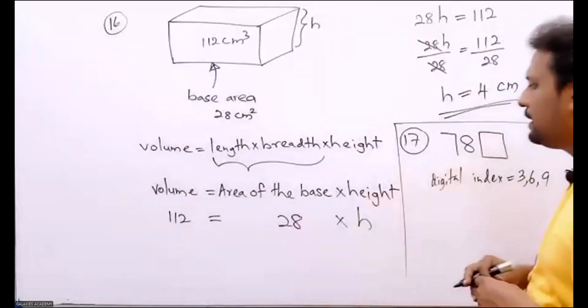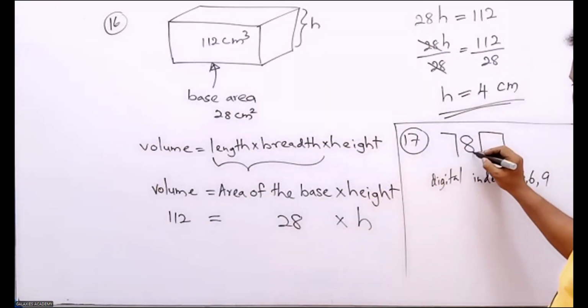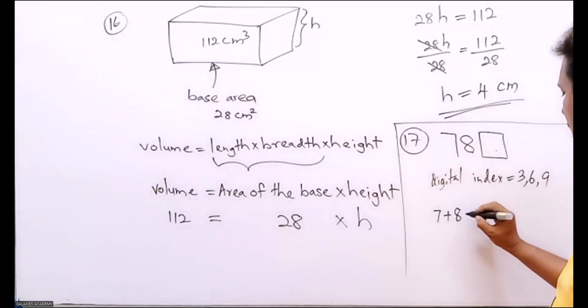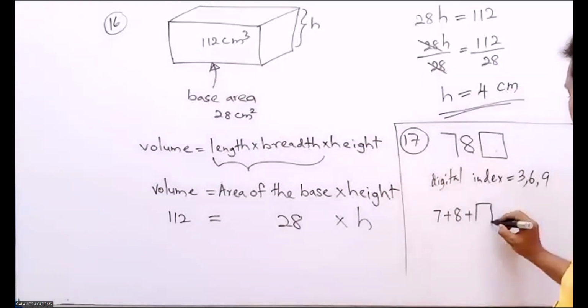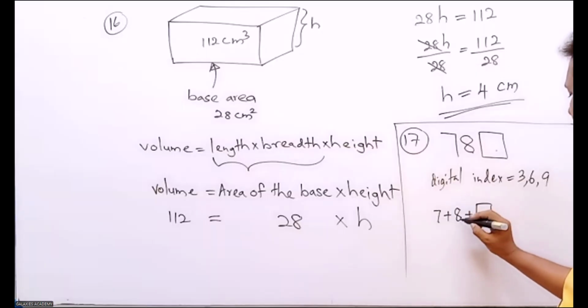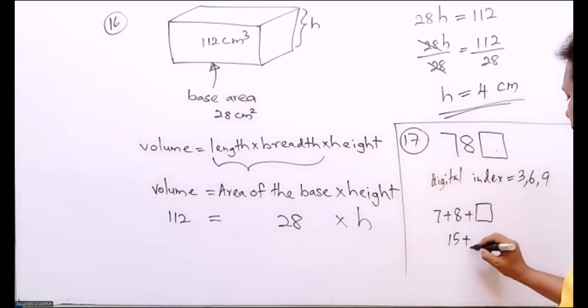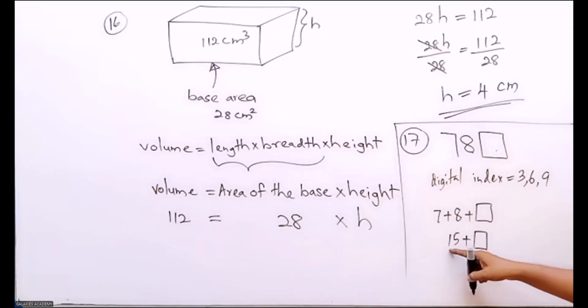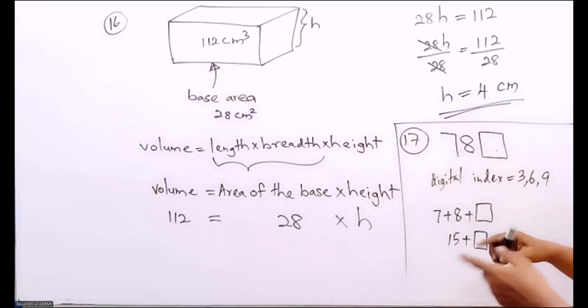So you check the digital index: 7 plus 8 plus this value. 7 plus 8 plus the empty box. Right. 7 plus 8, 15, no? 15 plus this one. 15 also you have to add, 1 and 5.